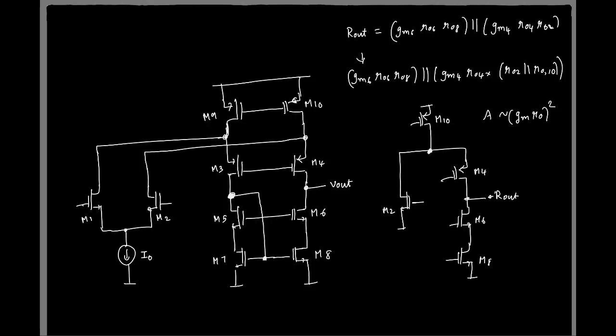Now it looks like the gain has slightly dropped and you need to burn an additional current I1 in this branch. So everything seems to be negative for this folded cascode. But to understand its advantage, we'll have to look at the other two aspects.